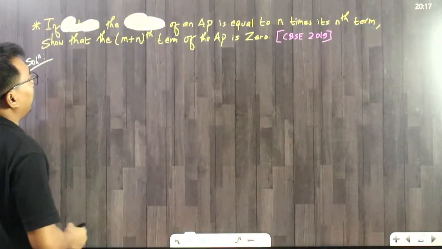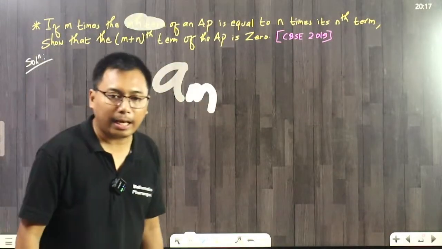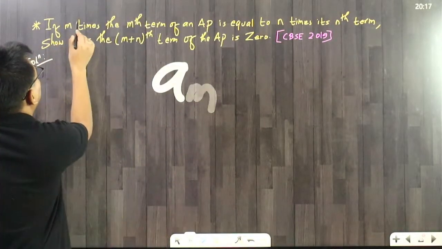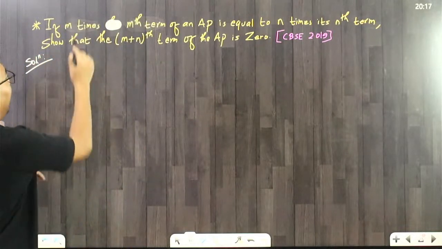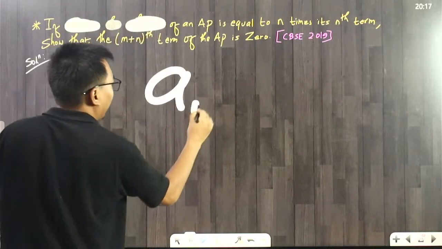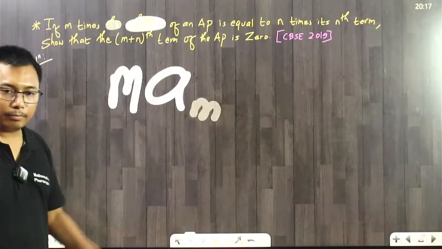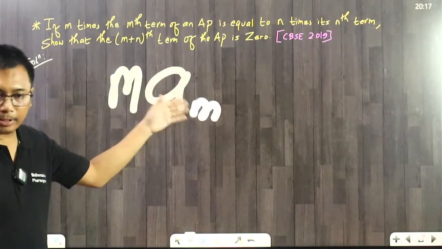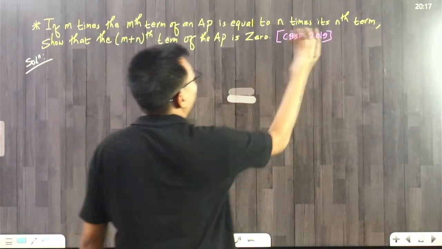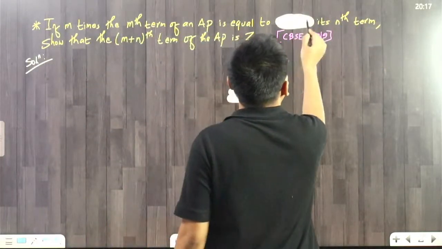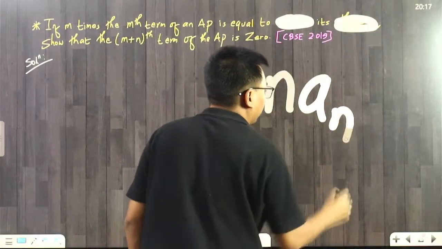This is our mth term. Now it says m times the mth term is equal to something. It's equal to n times the nth term.